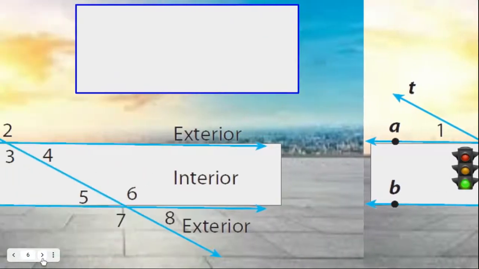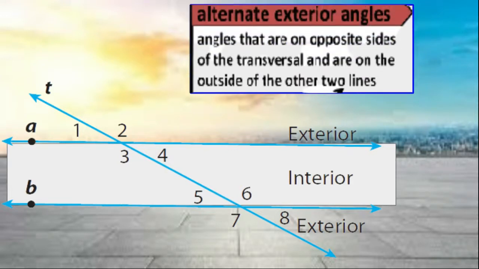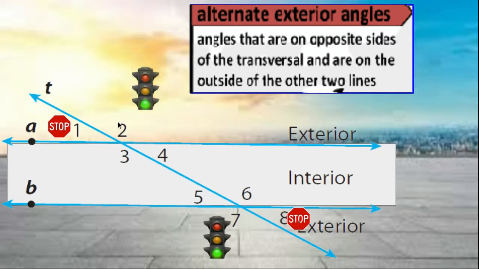So alternate exterior angles will be similar to the last one we talked about. What are alternate exterior angles? They are playing hide and seek, hiding behind the transversals, but on the outside. We can see angle 1 is hiding from angle 8 on the outside, just like angle 2 is hiding from angle 7 on the outside.